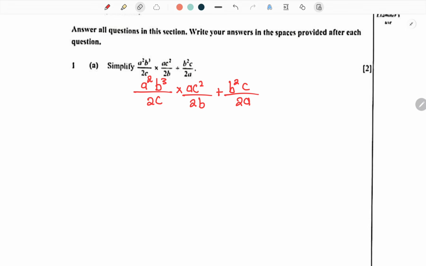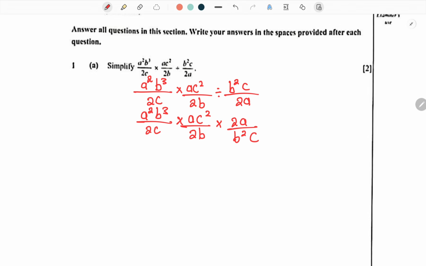Sorry, this is not supposed to be plus, but division. So the first thing that you would want to do is rewrite everything like this. Then this is going to be multiplication. Then this side, you need to take it into the multiplication form so that you have 2a all over b to the power 2 c.